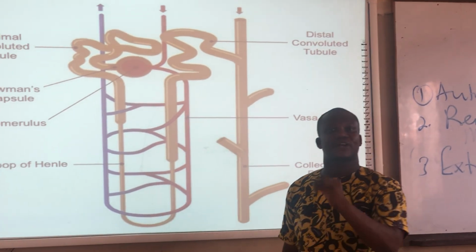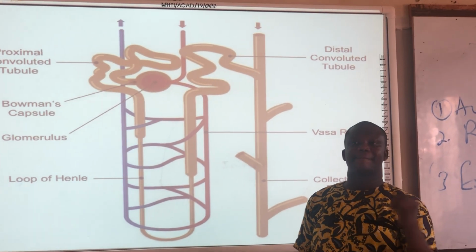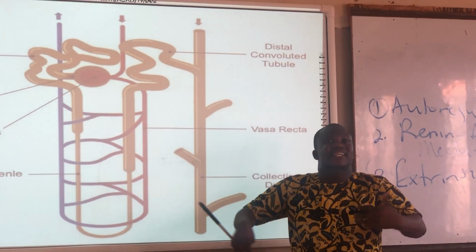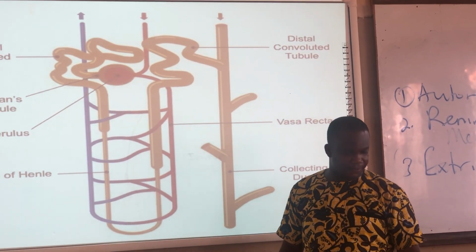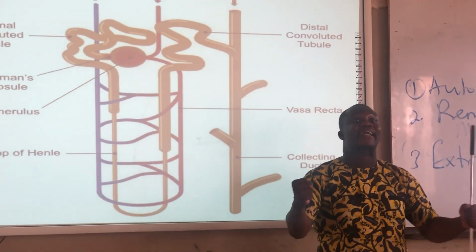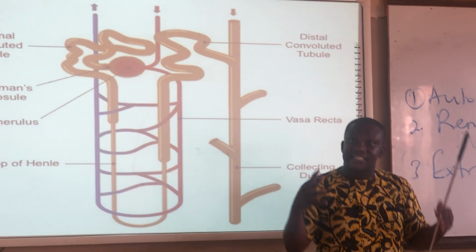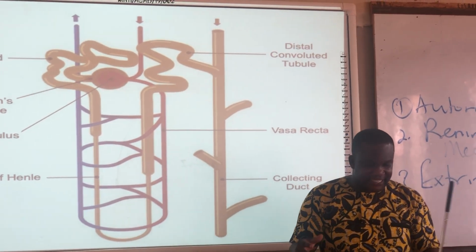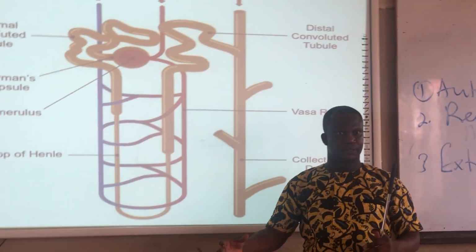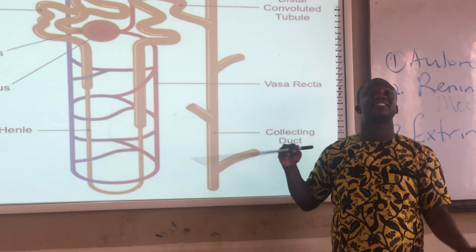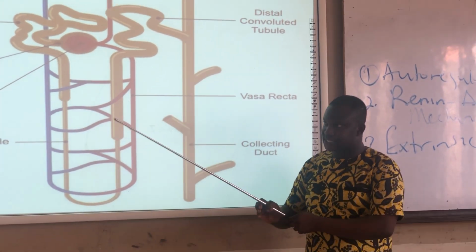We have the active transport mechanism and the passive transport mechanism. Active transport needs chemical energy, such as ATP, to transport substances against their concentration gradients.